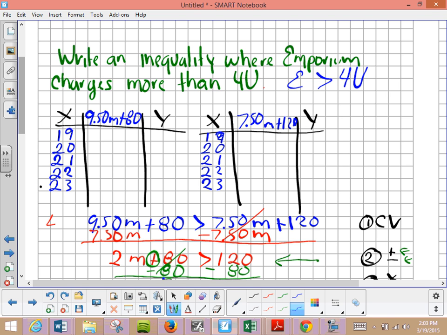For this one? 278. Okay. I need everyone to be working on these things, not copying it from me.